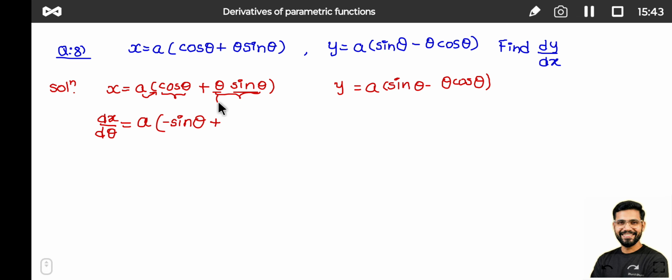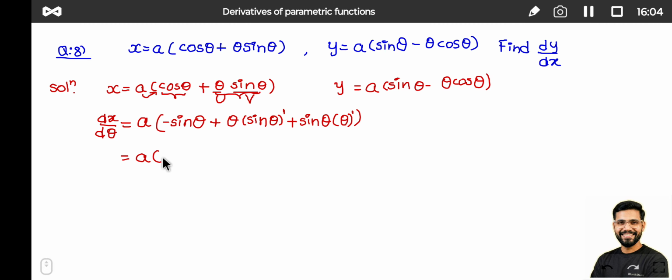So let's consider theta is u, sin theta is v. Okay, so theta as it is, derivative of sin theta. I have not done the derivative yet, just applying the formula first, plus second time sin theta as it is, and derivative of theta. I have written dash, dash means derivative.